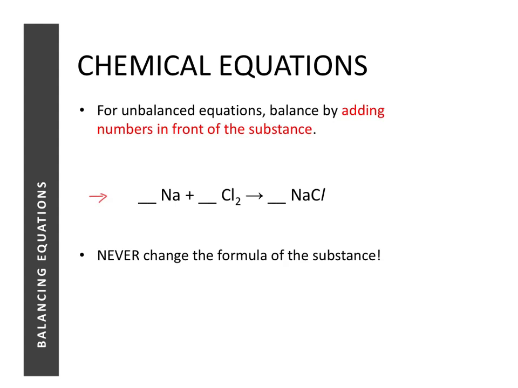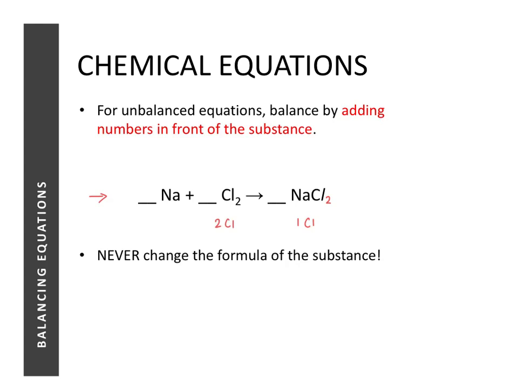Now a word of caution, many students like to do the following. For example, they take a look at the number of chlorine atoms on the left. There are 2 chlorine atoms and there's only 1 chlorine atom on the right. So what students tend to do is balance it by adding a 2 in front of chlorine.